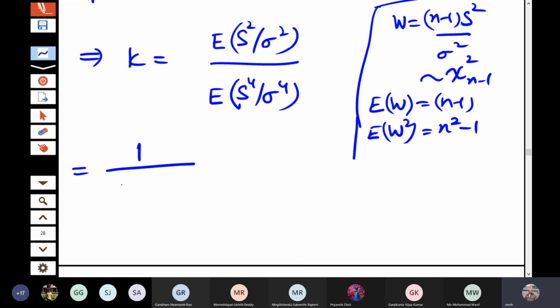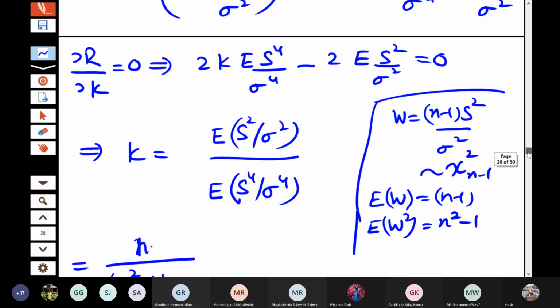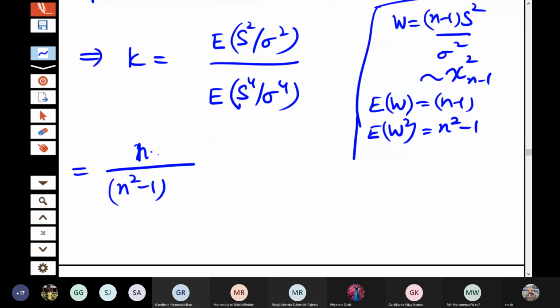And this one will become (n minus 1) into (n plus 1) in the denominator, n square minus 1, or here you will get n minus 1 by n plus 1.